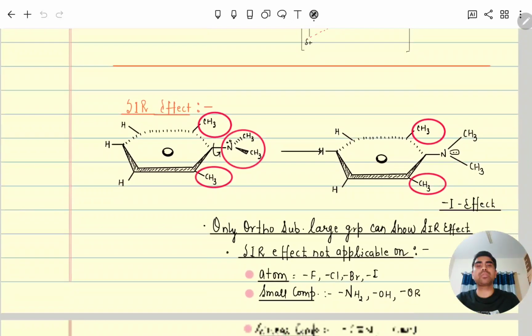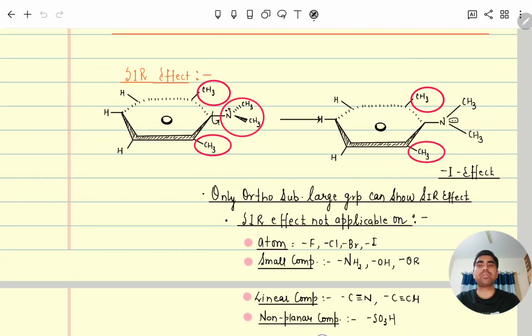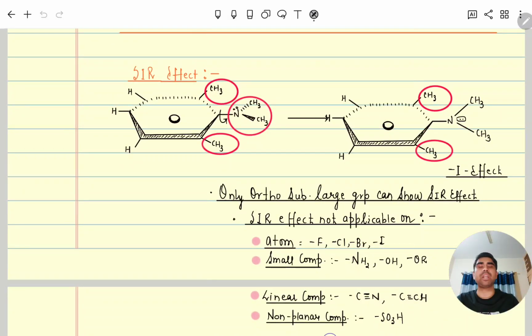Clear? Now coming to SIR effect, steric inhibition of resonance. You know that resonance, and even hyperconjugation, will only happen in a planar system, and when electrons get delocalized through sigma bonds or a lone pair in a conjugated system.